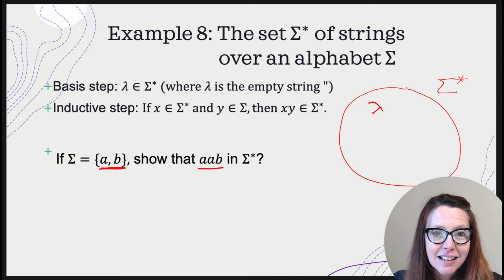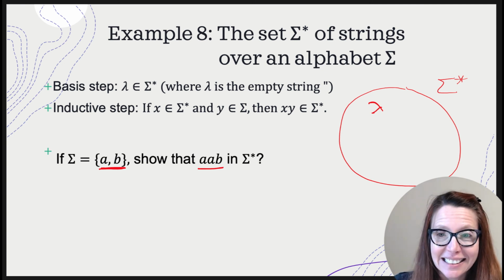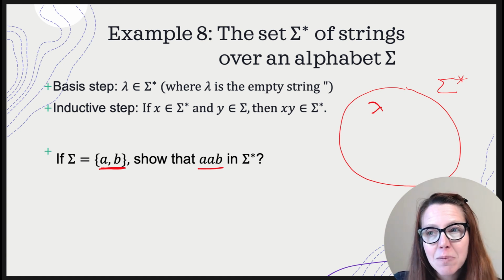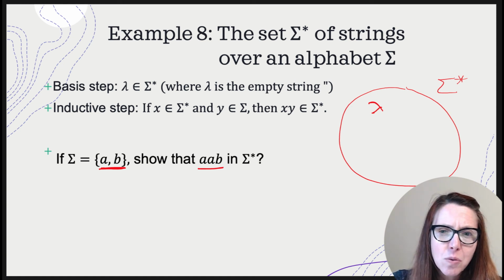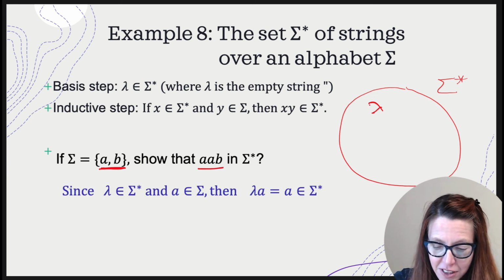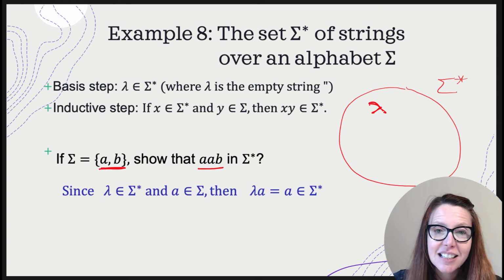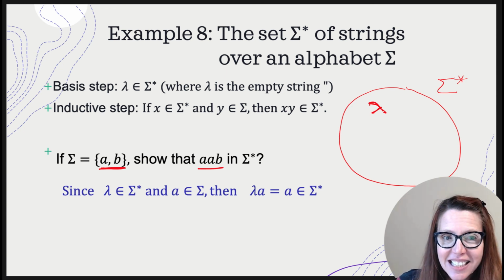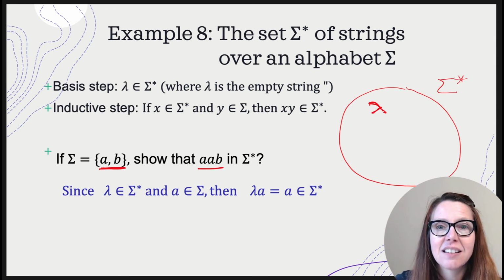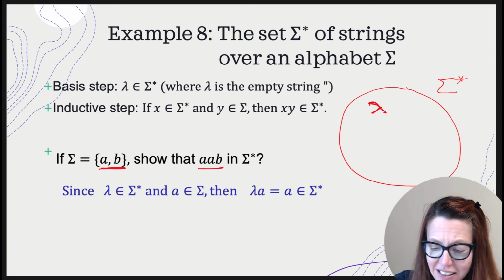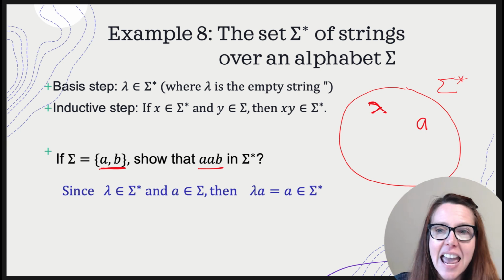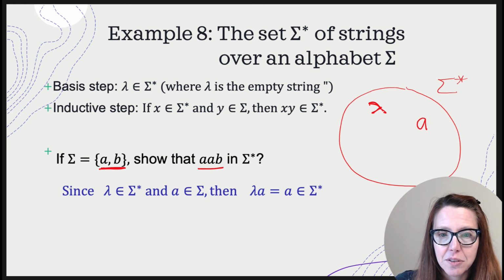We let lambda be in our set of strings, sigma star, so the empty string is in there, and then we can build it up from there. We know that lambda is in sigma star, and we know that A is in our alphabet. But then lambda A must also be in the set of strings, and lambda A, because lambda is the empty string, is the same as A. A is in the set of strings that we can produce.